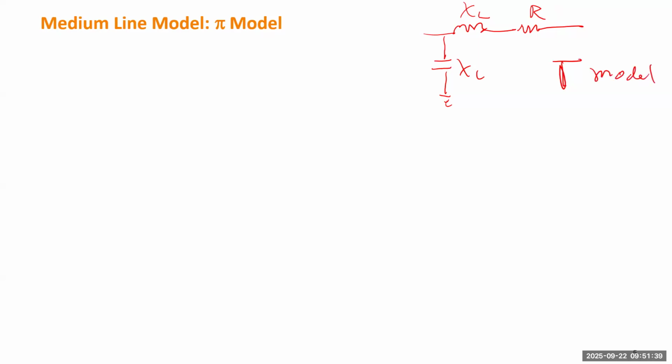But there's some drawback with this gamma model. It's not very symmetric because we assume the capacitance is all connected directly with the source. That will introduce some error. So a better model is to split the capacitance into two equal halves, one on each side.